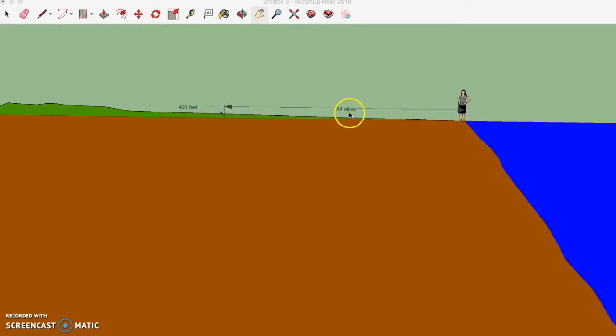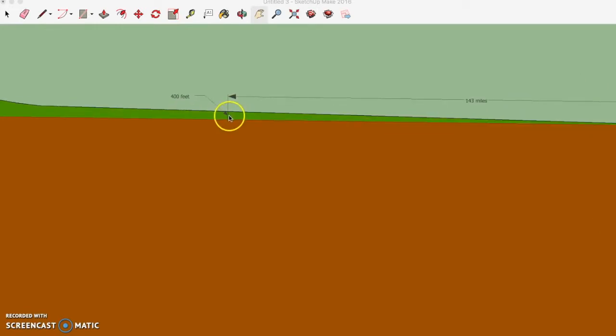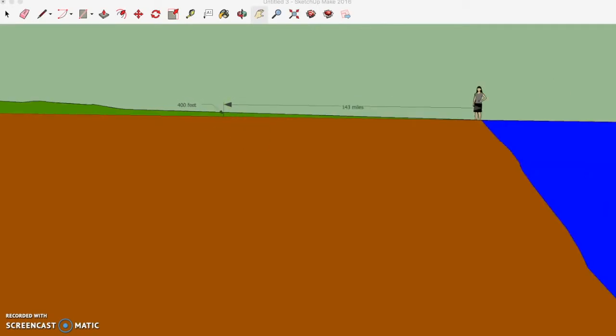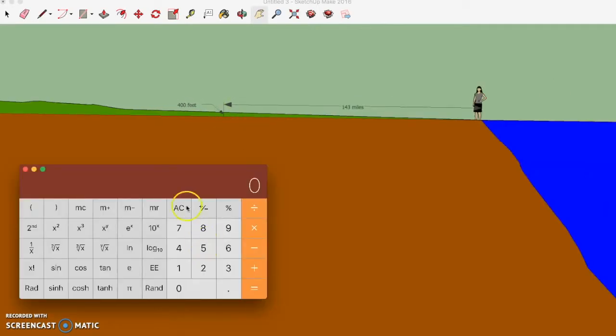My house is 143 miles away from the coast right there. The house is 400 feet above sea level. And what that means is that the river drops 2.8 feet average per mile from my house to the coast.